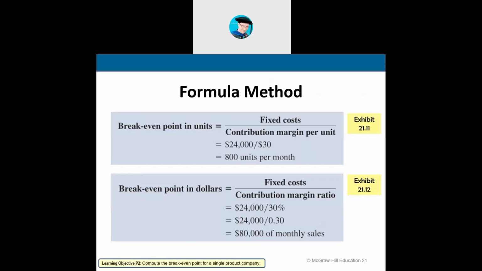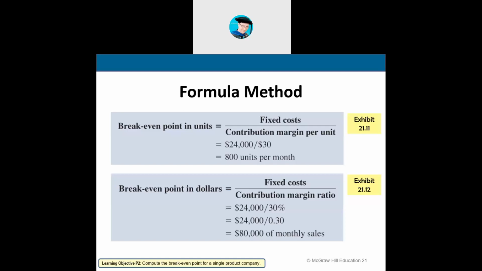In this example, my total fixed costs are $24,000. My contribution margin per unit is $30. That means I need to sell 800 units per month in order to break even.